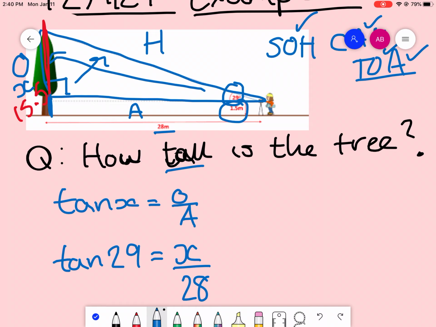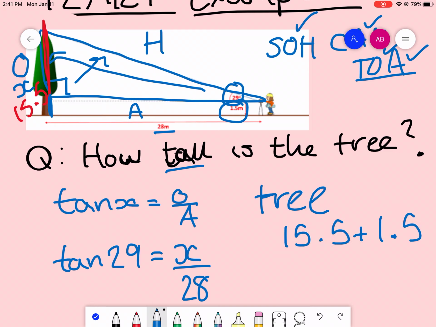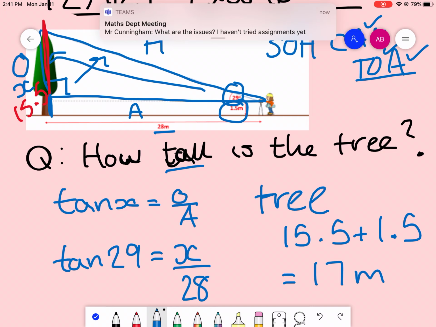So the only thing left to do here is to say that the tree is 15.5 plus 1.5, giving us a total of 17 metres altogether. Sorry about those.